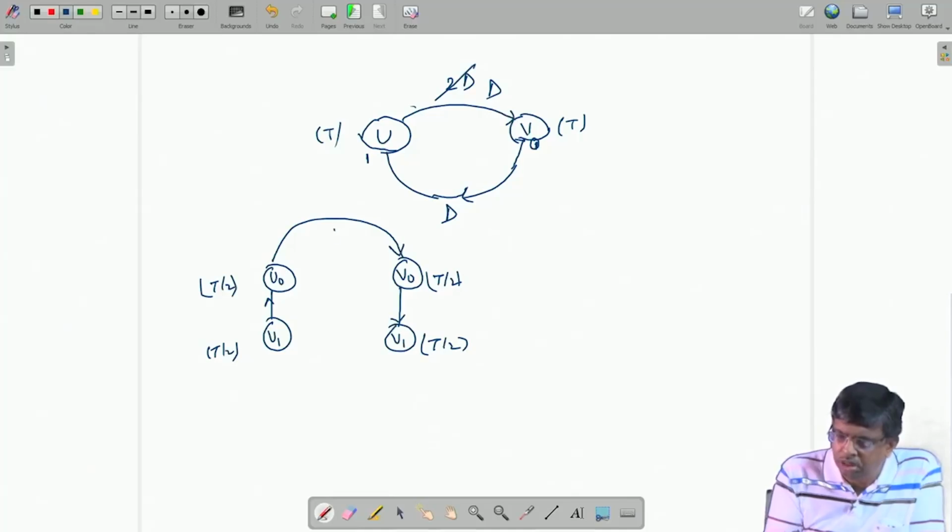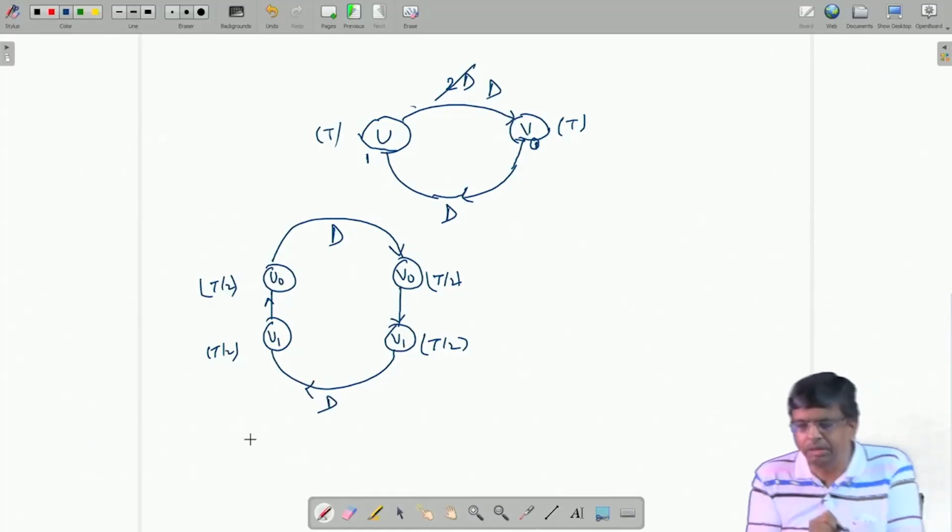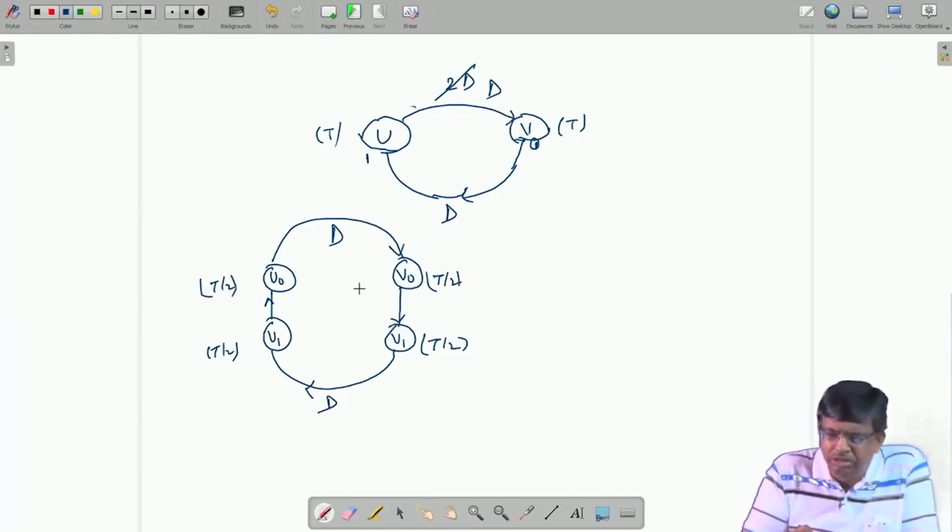So, I have d here, this d, lower half d, okay, and no delays here. But t by 2, t by 2, t by 2, t by 2. I have to bring down the critical path from t to t by 2 as I did that time.